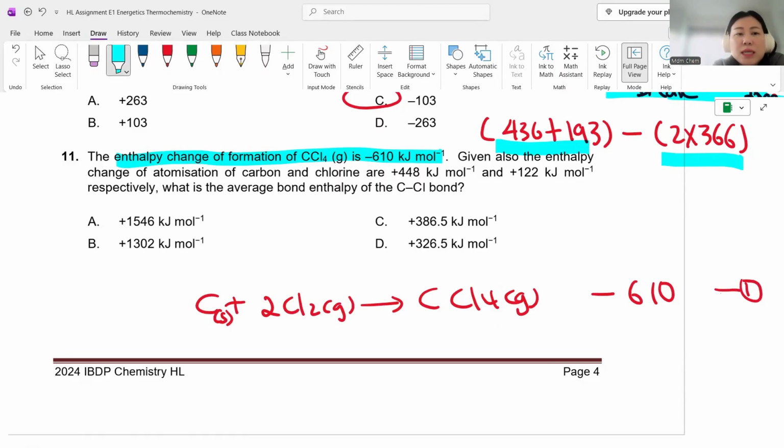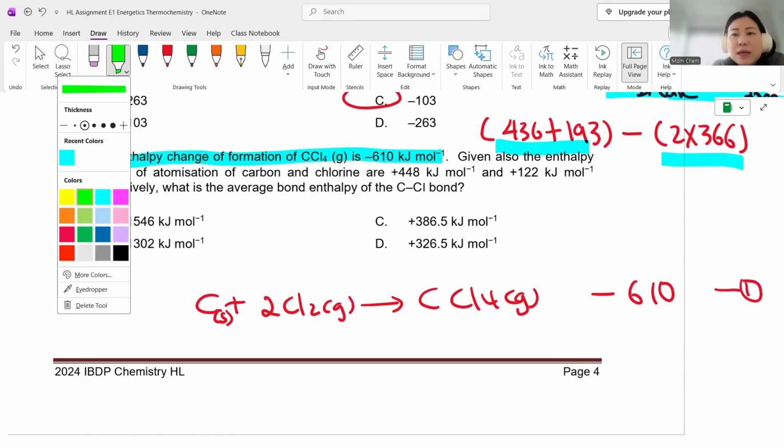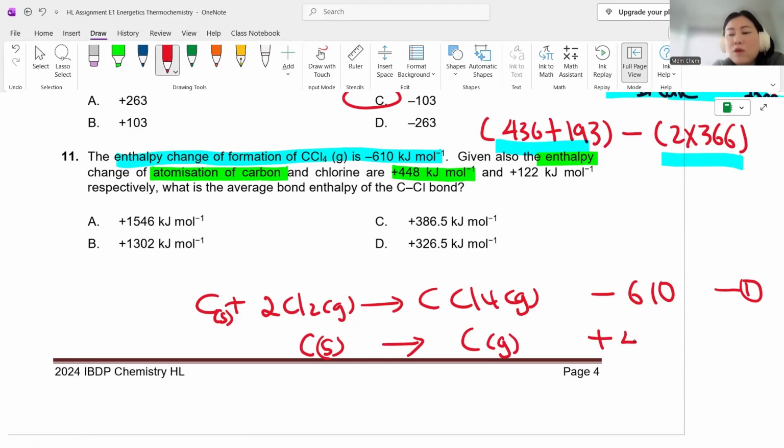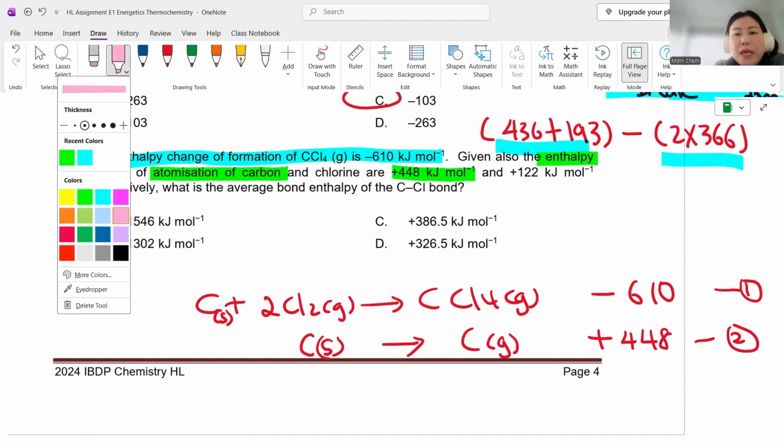Second, the equation in green: enthalpy change of atomization of carbon. Atomized carbon is from solid carbon to gaseous carbon. So atomizing the carbon is plus 148. That's equation 2.